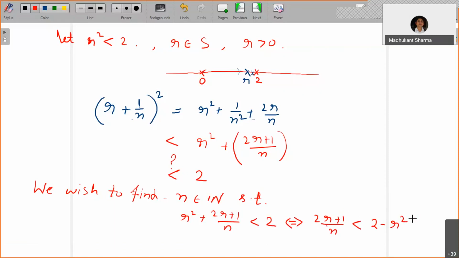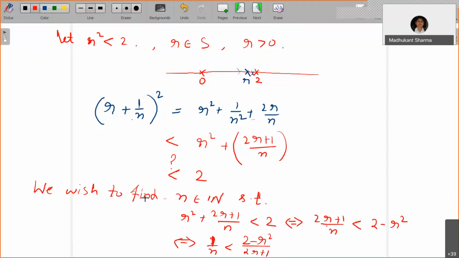This is if and only if 1 by n is strictly less than 2 minus r square divided by 2r plus 1.